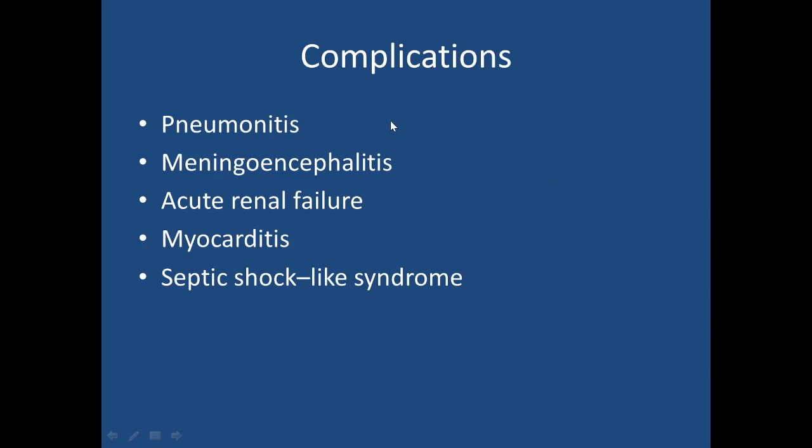Now what are the complications? These complications are due to that cytokine storm. A patient with scrub typhus or other rickettsial illnesses can present with pneumonitis, meningoencephalitis, acute renal failure, myocarditis, and septic shock-like syndrome. There are other rickettsial illnesses in which we can also find gangrene or widespread purpura fulminans.